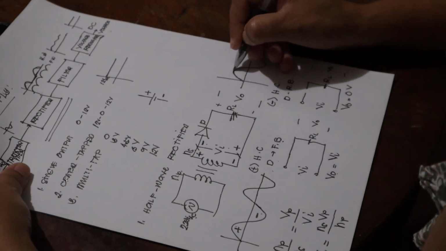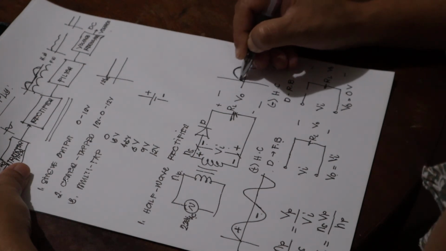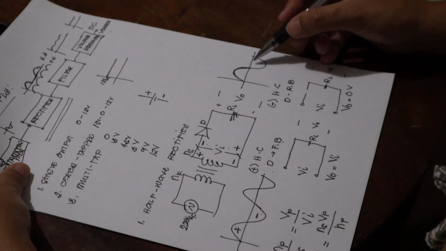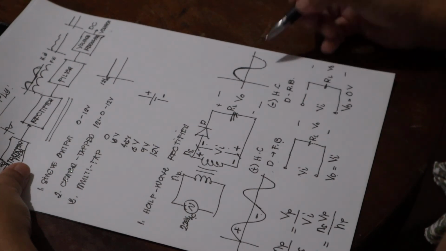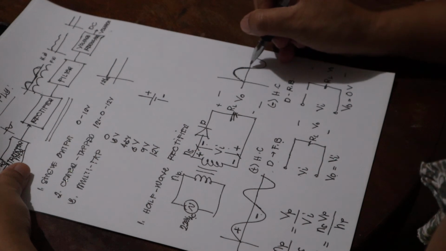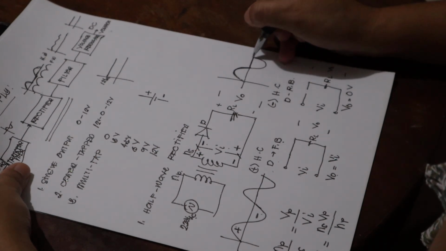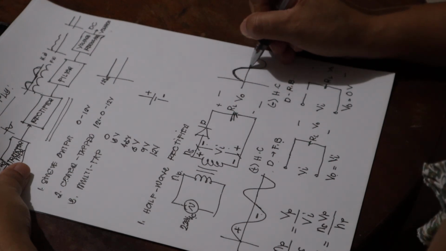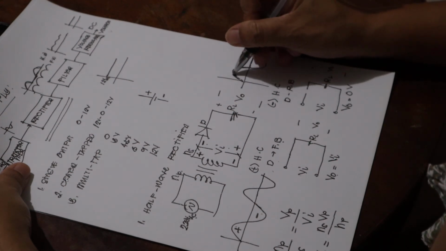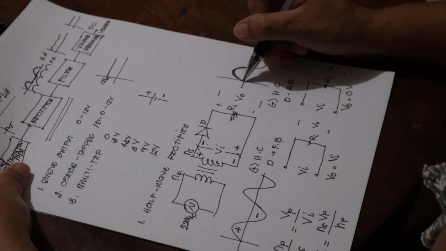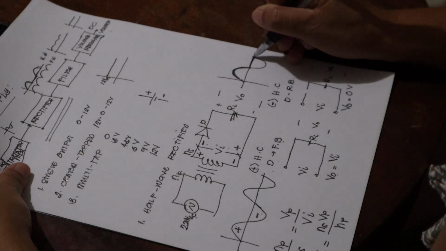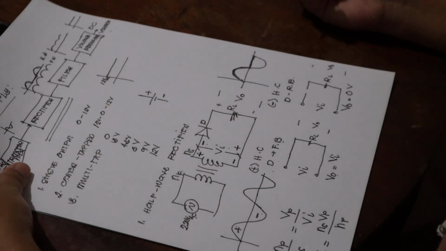And then, at the negative half cycle, which is actually this part, the V out is equal to 0. So, ang output waveform natin for a half-wave rectifier is, of course, yan, at the positive, and then 0 at the negative half cycle.